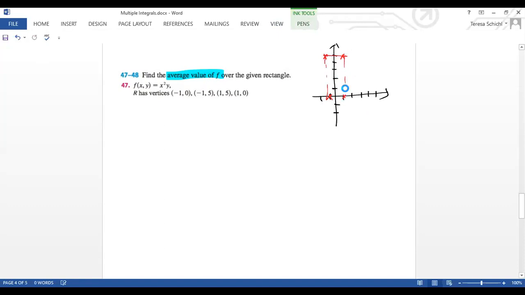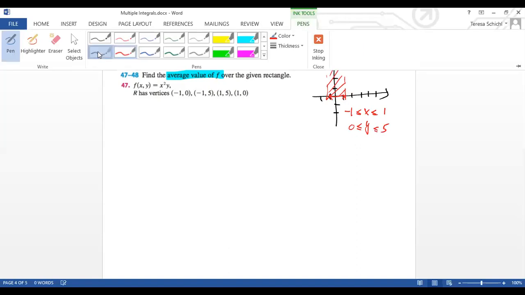Okay, so this will be my region R. So x is from where to where? Negative 1 to 1. Then what is y going to range from? 0 to 5.